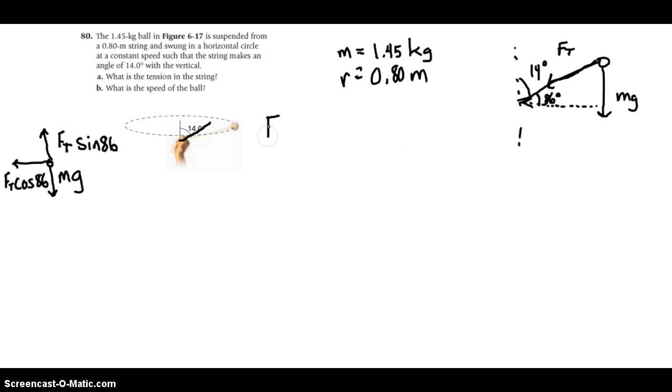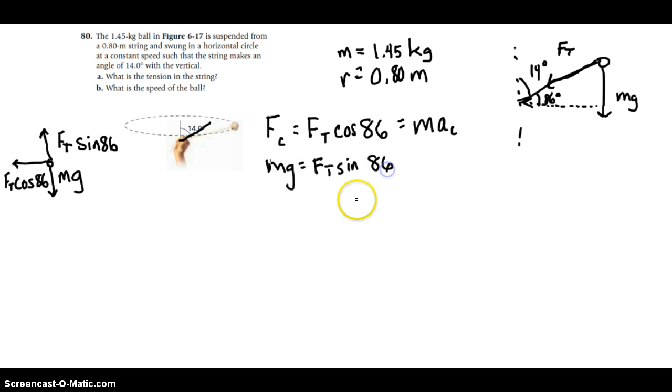So my centripetal force is going to be my force of tension times cosine of 86, and that's also going to be equal to mass times centripetal acceleration. My weight is going to be equal to the Ft times sine of 86.